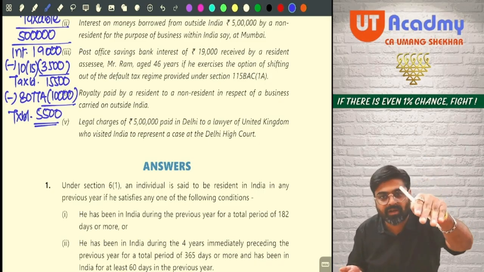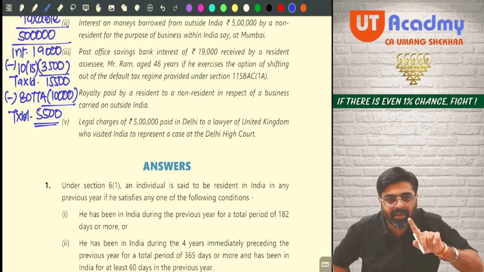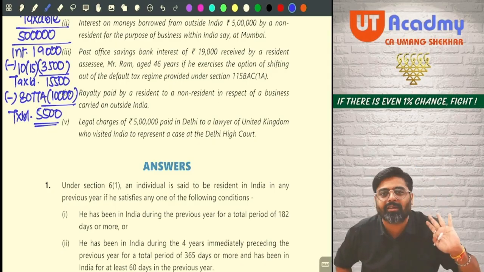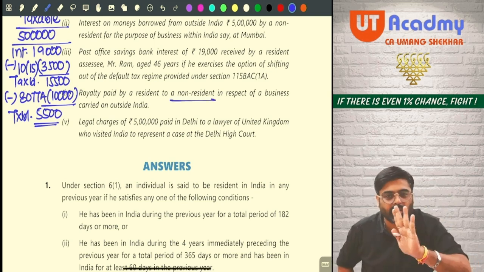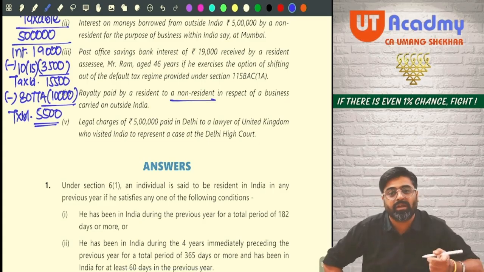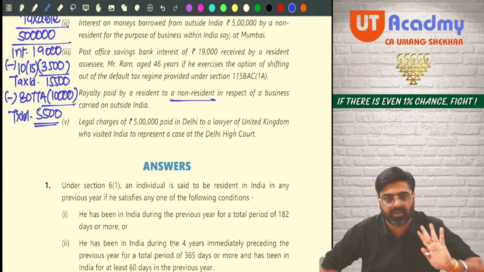So for the non-resident, accrued outside India, received outside India is a foreign income, no? Will it be taxable or not taxable? Not taxable. In the hands of the non-resident, this will not be taxable because it is accrued outside India, received also outside India. This is not deemed to accrue or arise in India.